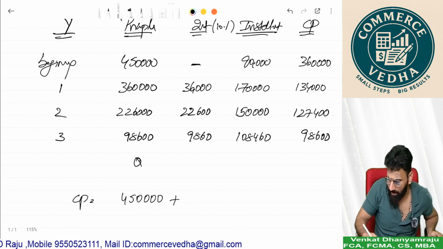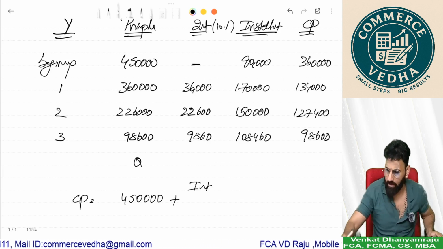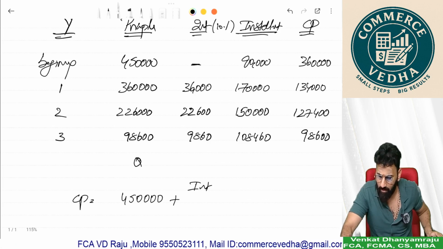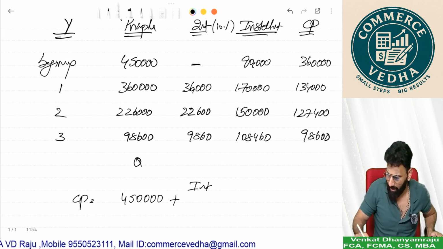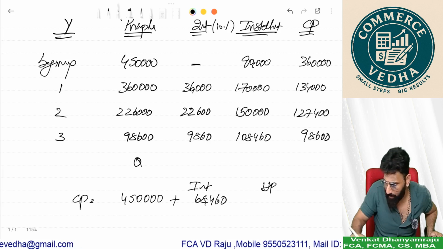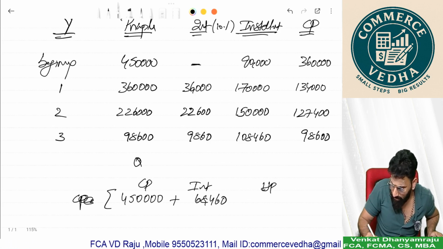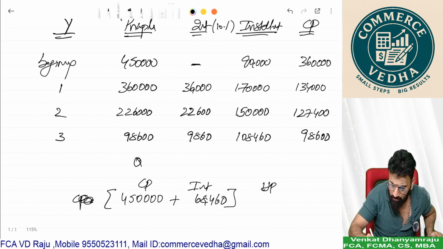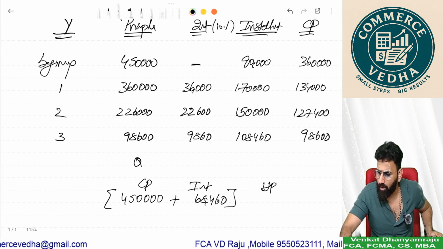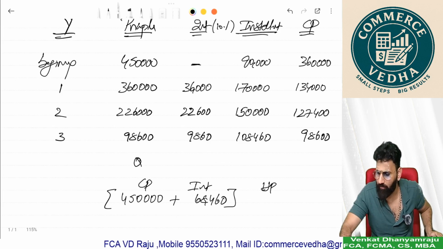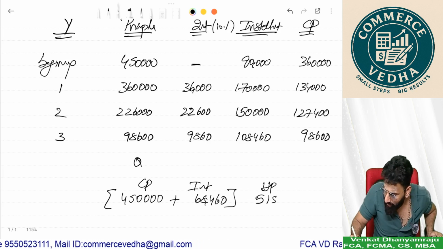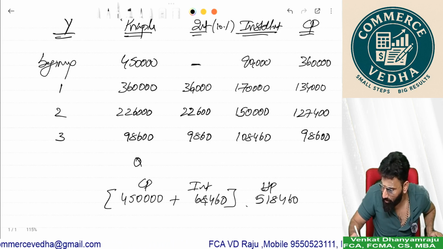plus total interest, which is 36,000 plus 22,600 plus 9860, interest is 68,460, and your hire purchase price is cash price plus interest, which is 4,50,000 plus 68,460, 518,460.